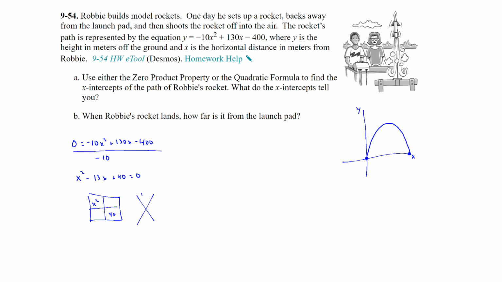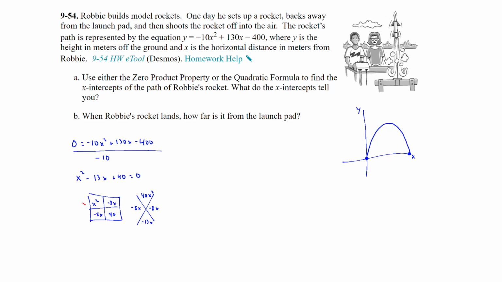So what are factors of 40x squared? What multiplies to give you 40x squared but adds to give you -13x? We have 1 and 40, 2 and 20, 4 and 10, and 5 and 8. So it looks like -5x and -8x would work out.